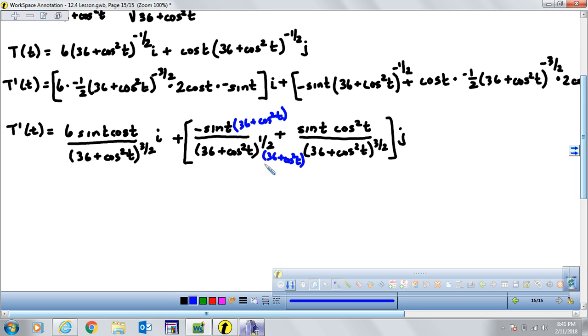Because 36 plus cosine square of t to the first power times 36 plus cosine square of t to the 1/2 power, at the powers, 1/2 plus 1 would be 3/2, which is the same as this denominator.